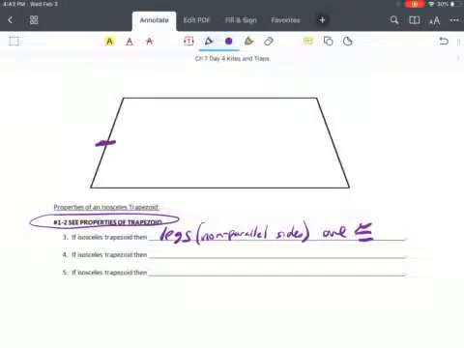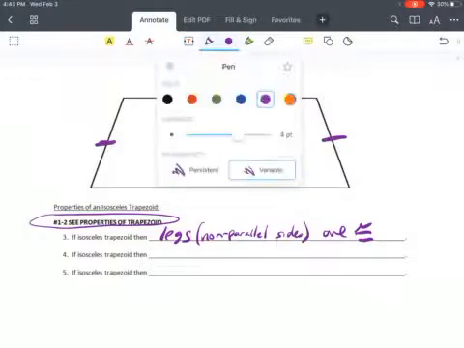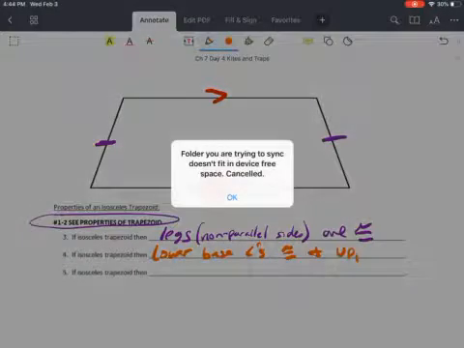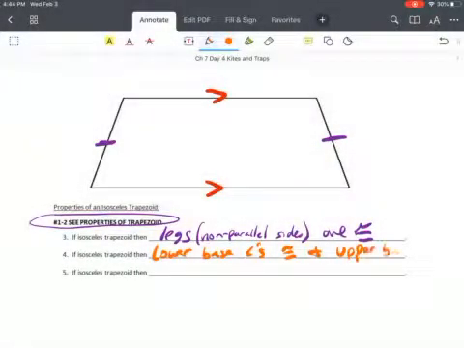So we would have the left and the right side, because we already talked about the bases being parallel. And then because of that, lower base angles are congruent and upper base angles are congruent.